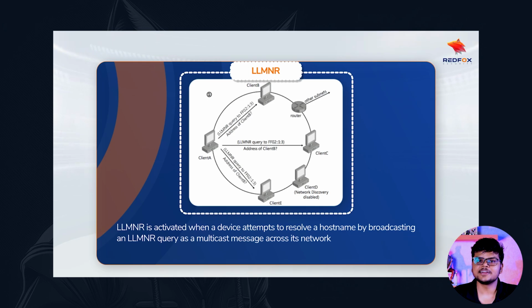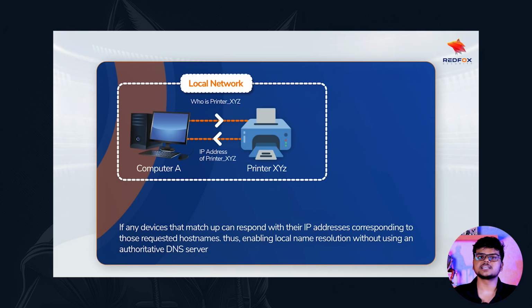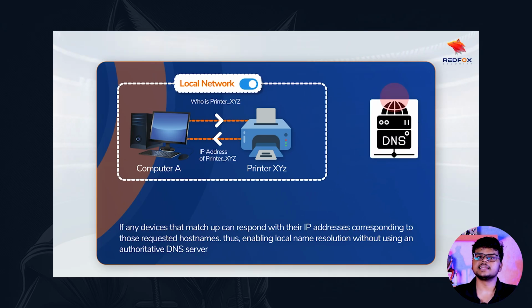LLMNR is activated when a device attempts to resolve a host name by broadcasting an LLMNR query as a multicast message across the network. Any device that matches can respond with its IP address corresponding to the requested host name, thus enabling local name resolution without using an authoritative DNS server.